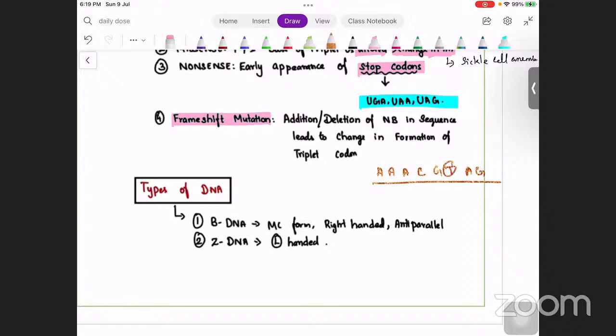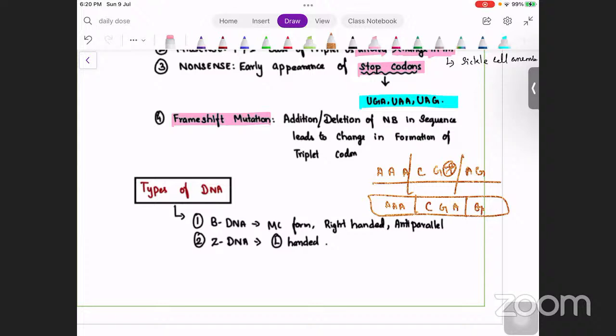Among that, if we remove the T out of it, the newly formed sequence of triplet codons is AAA, CGA, G. Yes or no? The forming amino acid is getting changed. That's why it is called a frameshift mutation.